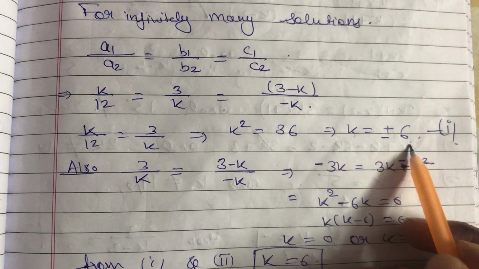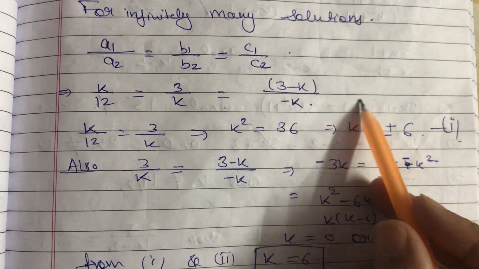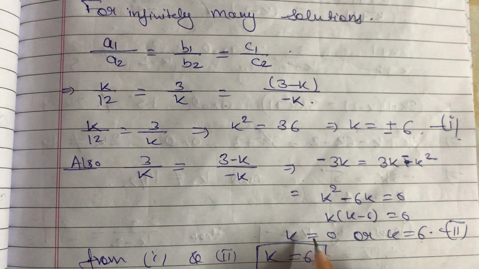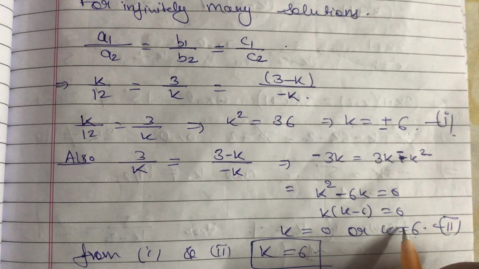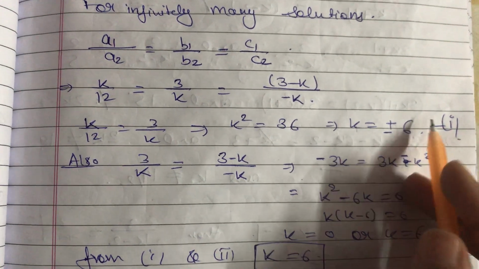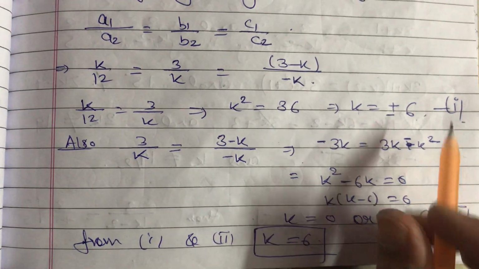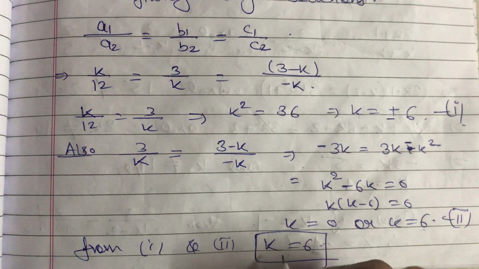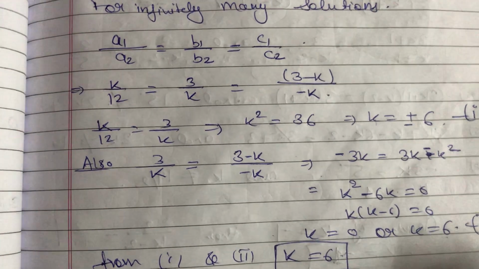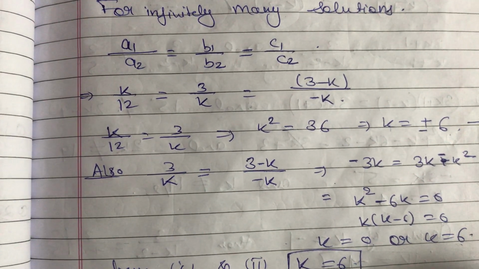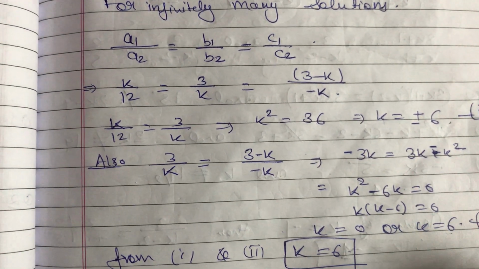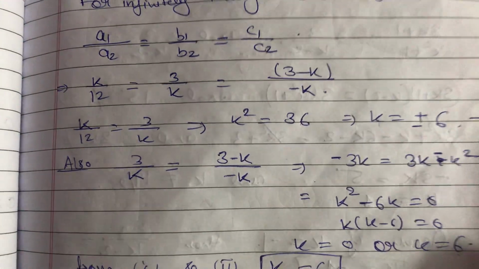In case number 1, the values of k are plus 6 and minus 6. And here the values of k are 0 and plus 6. So what is the common? That is plus 6, right? So from 1 and 2, you can conclude that you will take the common one. So for k equals 6, I can say that the given equations have infinitely many solutions. So this is my answer.